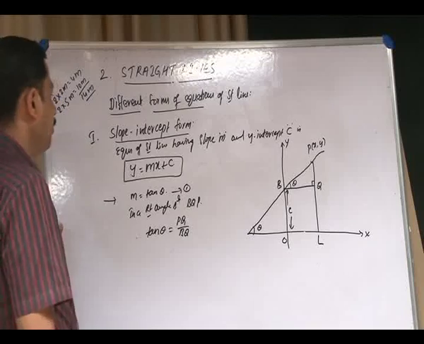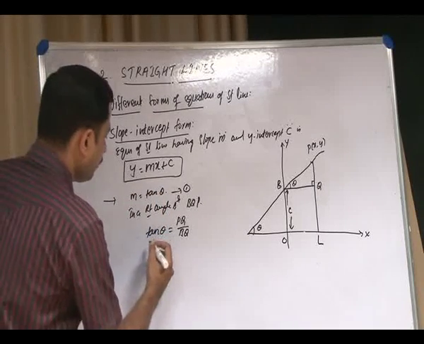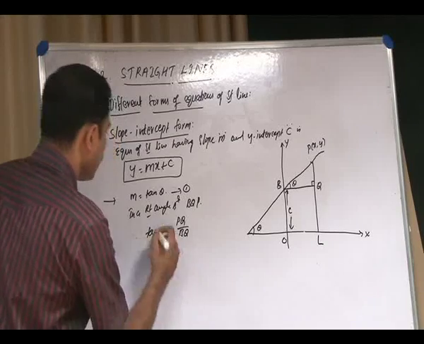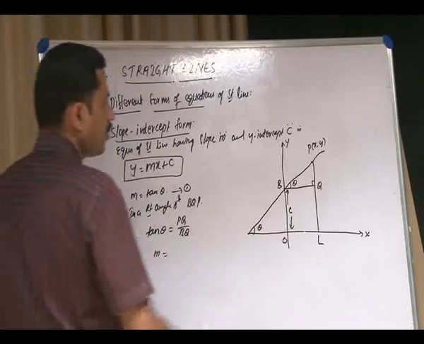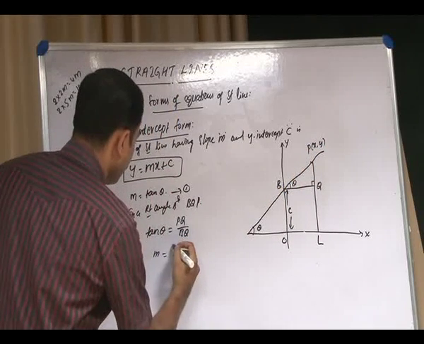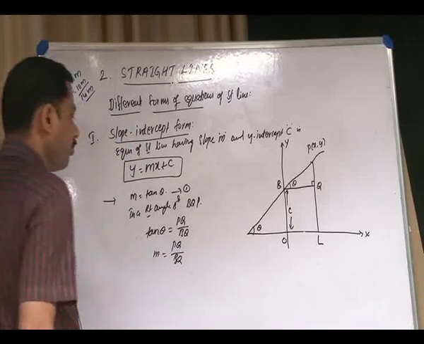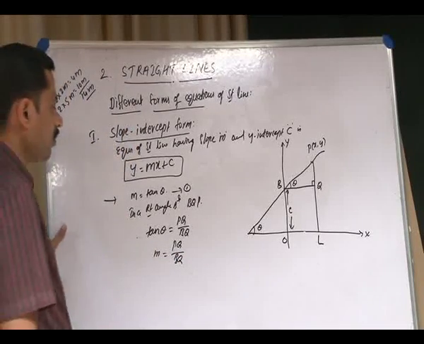But we know that by definition tan theta is equal to slope of the straight line m, therefore, m is equal to PQ by BQ.